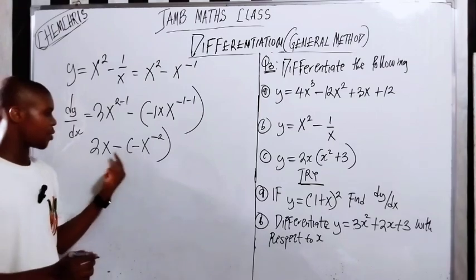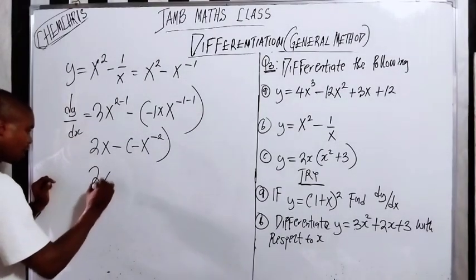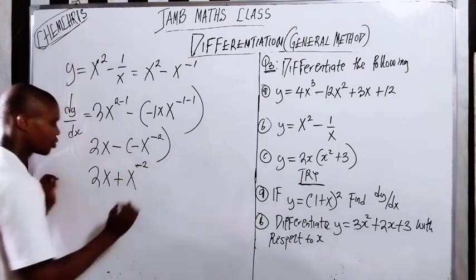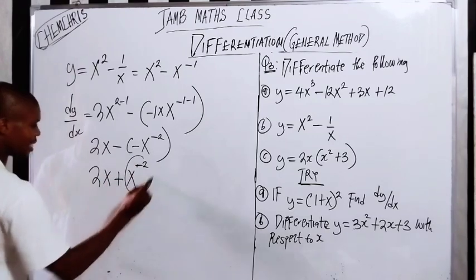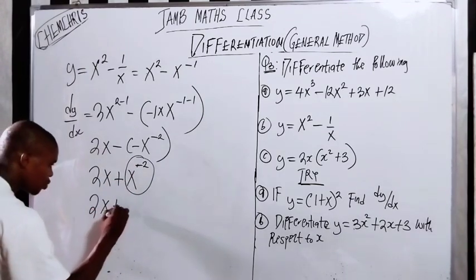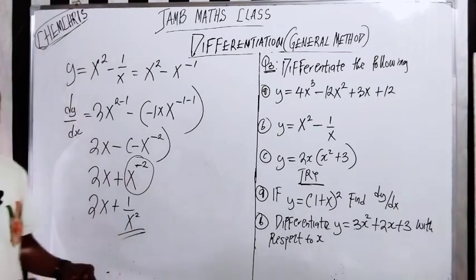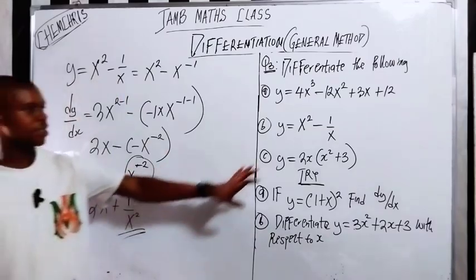Once you open the bracket, minus times minus gives plus, so it will be 2x plus x raised to minus 2. You can either leave it like this or break it down. If you break it down, you have 2x plus 1 over x squared. That is it. You can see how easy it is. So that is how to differentiate this one.